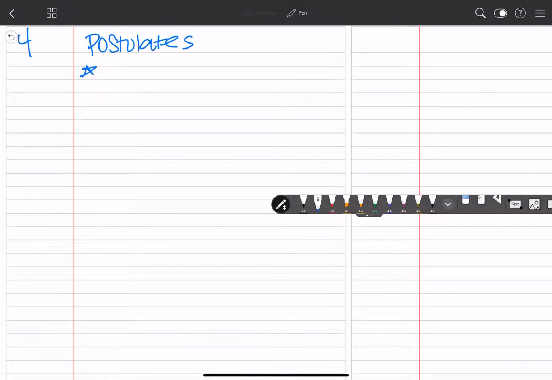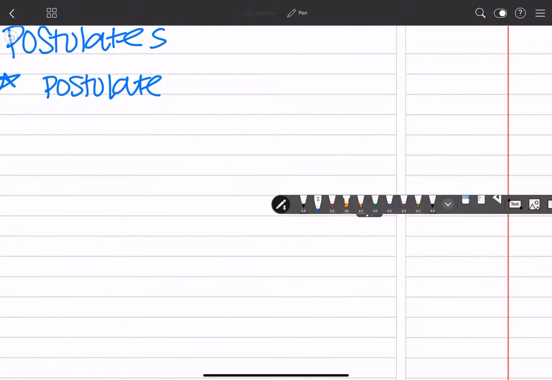So as a reminder, a postulate, and I do want you guys to write this in because it's a little bit different than what I had you write yesterday. It's a little bit more detailed. Postulates or axiom, you can call them either or, they're interchangeable.